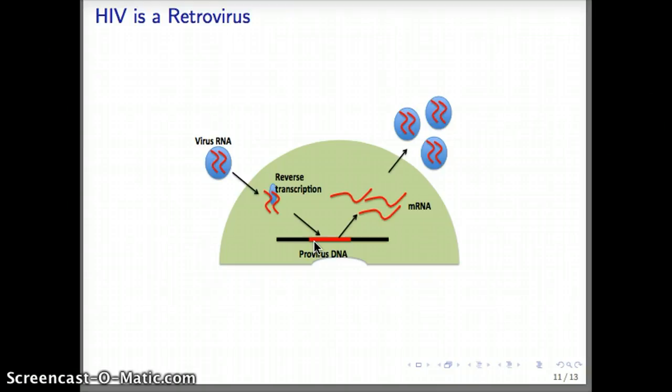This is messenger RNA. The viral mRNA has a dual purpose. On one hand, it is used for biosynthesis of viral proteins, and on the other hand, it serves as viral genome for the virions that will eventually leave the target cell or host cell.